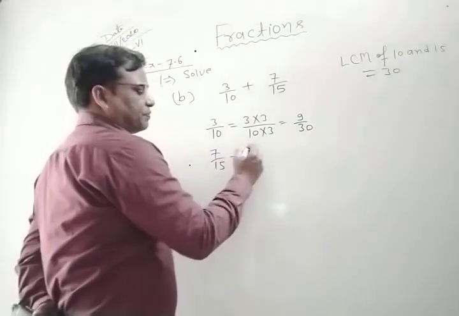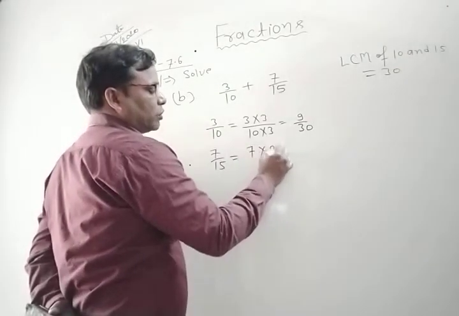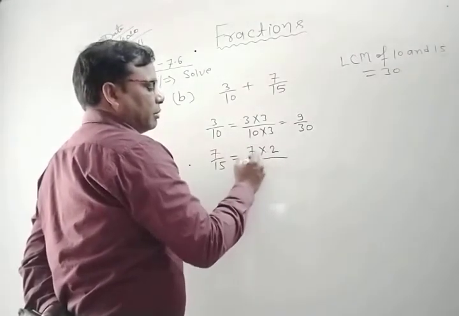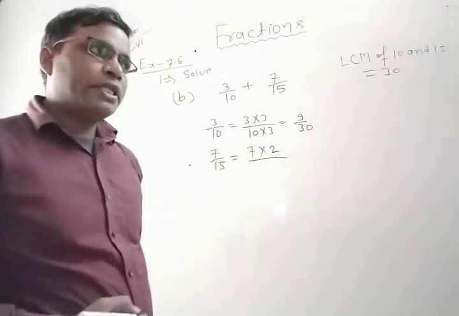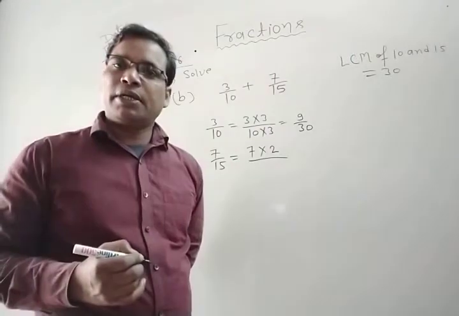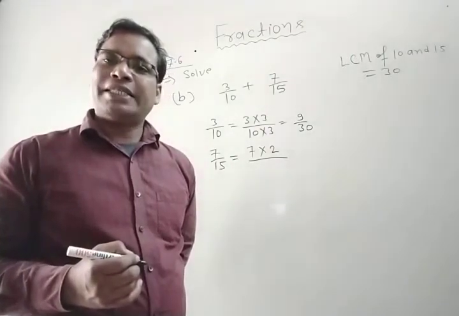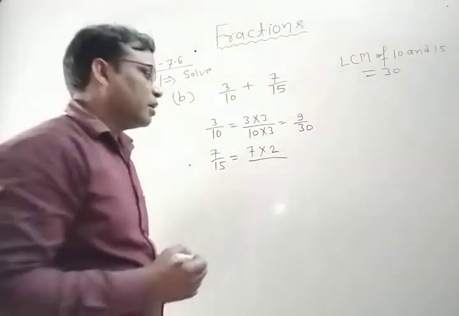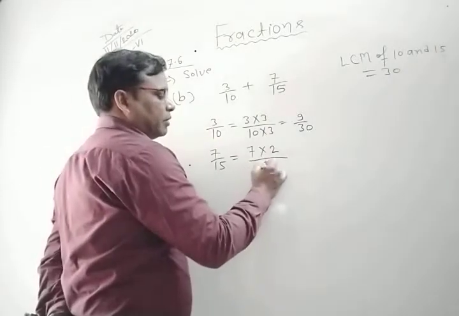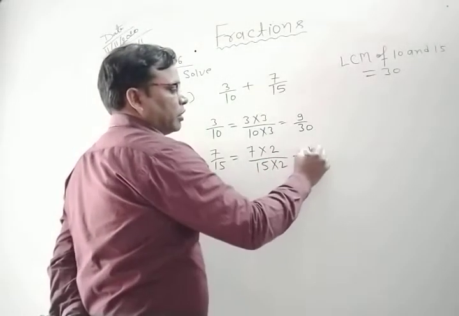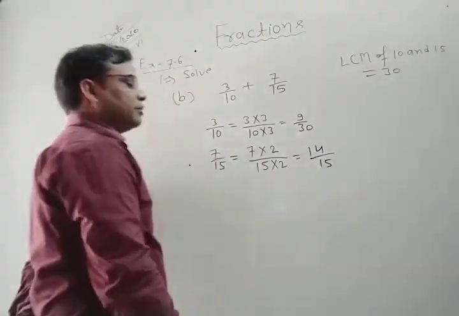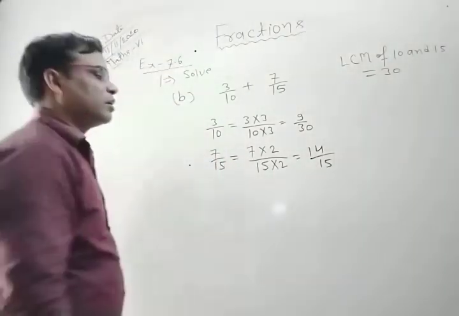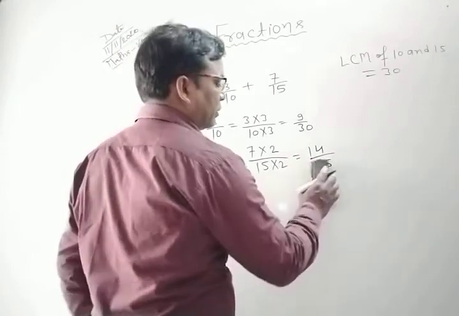So we select 2 and multiply both numerator and denominator. If we multiply the same number in numerator and denominator, its value remains the same. So 7 into 2 is 14, and 15 into 2 is 30. Clear? Now it becomes 14 by 30.